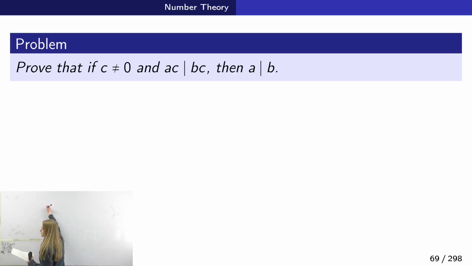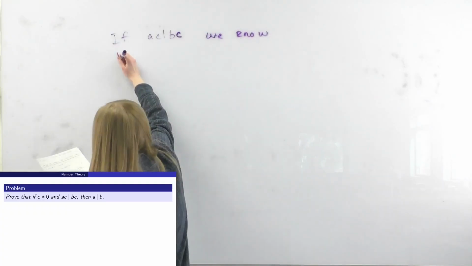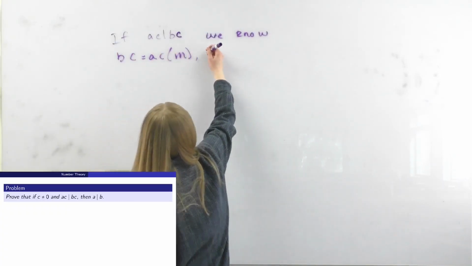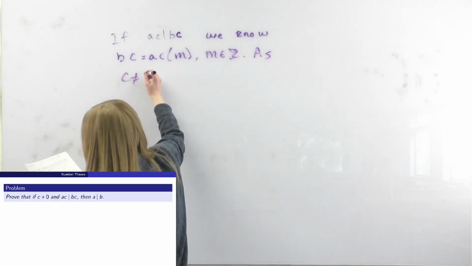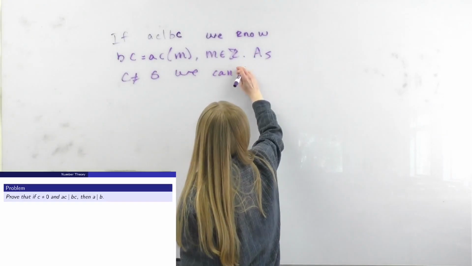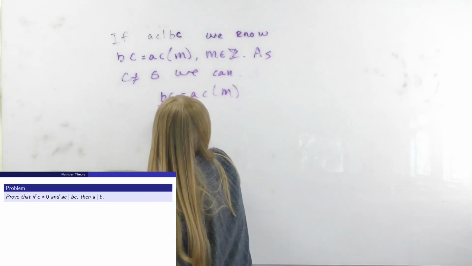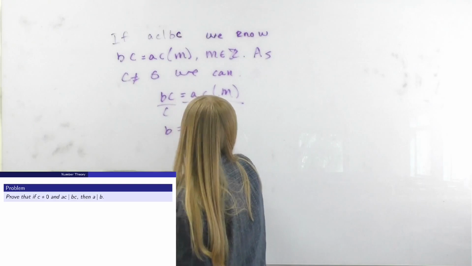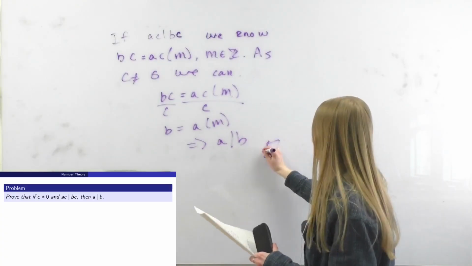The very first thing we're going to do is prove that if C is not 0 and AC divides BC, then A divides B. So if AC divides BC, we know that BC is equal to AC times M for some integer M in Z. As C is not 0, we can divide both sides by C to see that B is equal to AM, which by definition says that A divides B. Okay? QED.